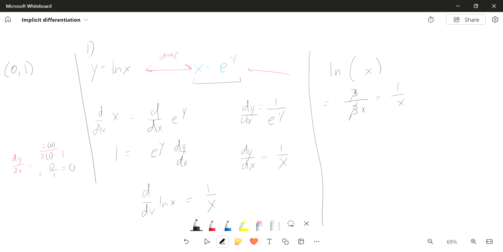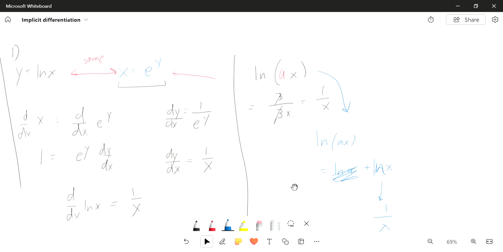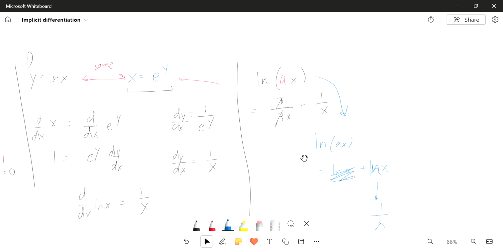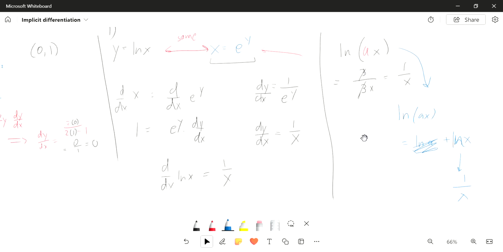In fact, you could keep any constant over here, ln of ax, and your derivative will still be the same, because using log laws, ln of ax is equal to ln of a plus ln of x. When you differentiate the constant, you get 0, and when you differentiate ln x, you get 1 over x. So that's the derivative for the natural log function.